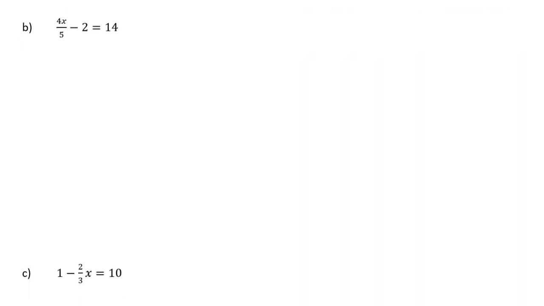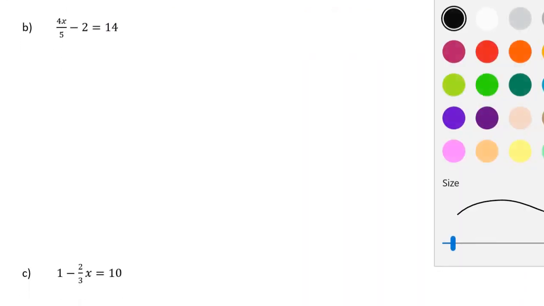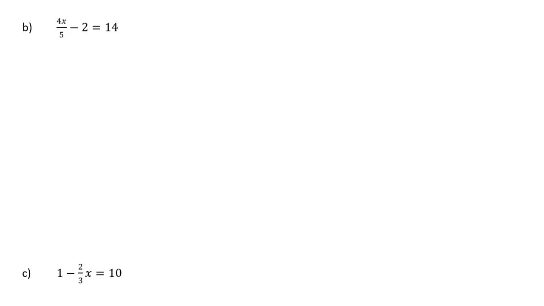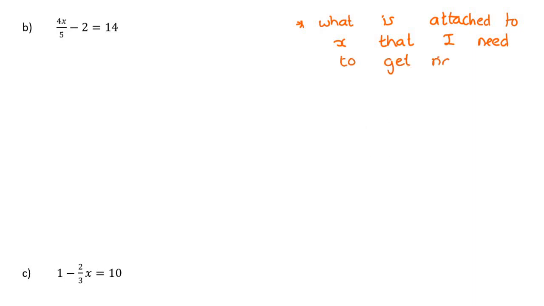So here's a good question. This has multiple terms. So I often say to myself, what is attached to x that I want to get rid of? That's often my first question. Now, the reality is anything on the side of x has to go, because you ultimately want x by itself.